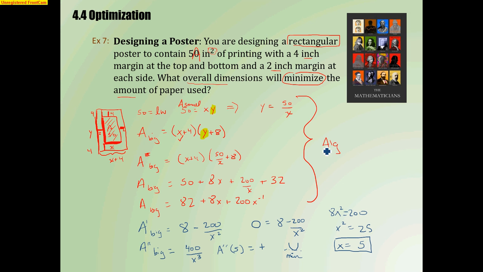No. What overall dimensions? So they want the dimensions. I know that x is 5 and y is 50 over 5, which is 10. So the dimensions must be 5 and 10, correct? No. That is the dimension of the small area, but they wanted the overall dimension.